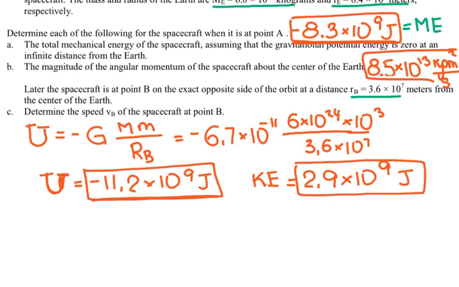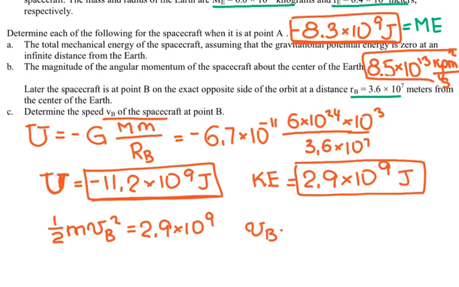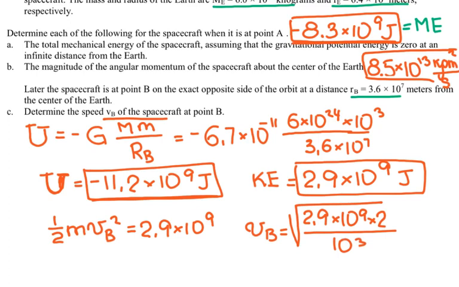And they ask me the speed vB. So kinetic energy is equal to 1/2 mass times velocity at B squared, and that equals 2.9 times 10 to the 9th. So vB is equal to the square root of 2.9 times 10 to the 9 times 2 divided by the mass, which is 10 to the 3rd.